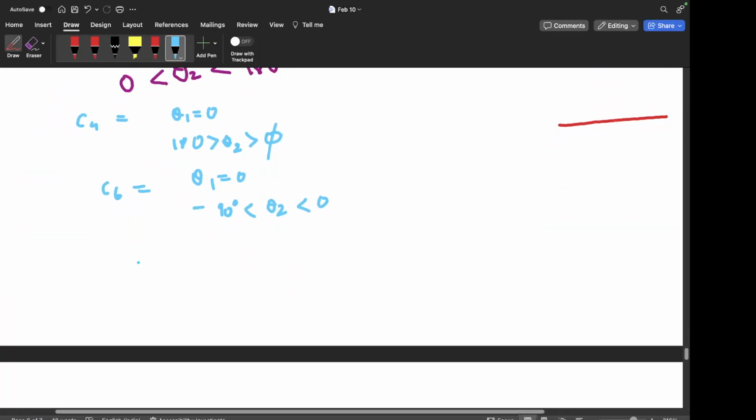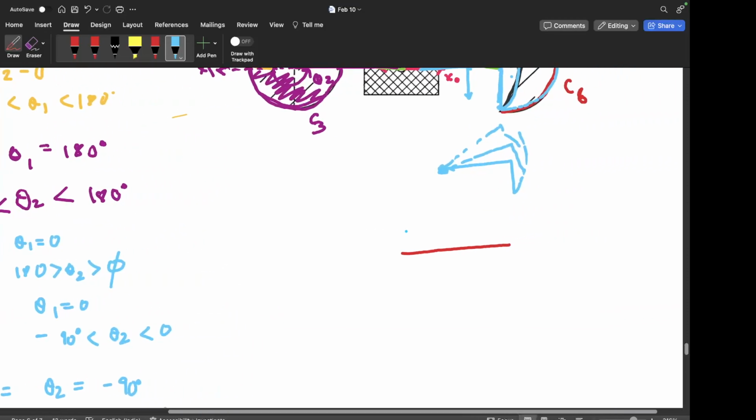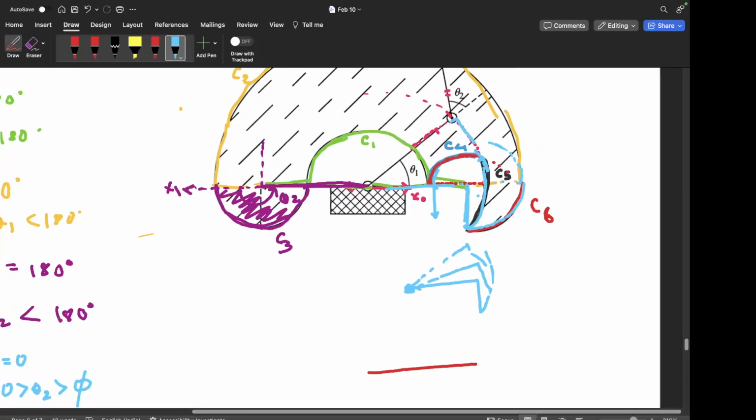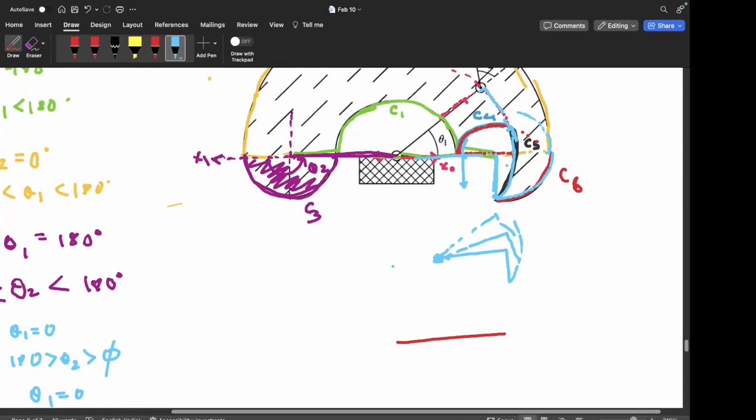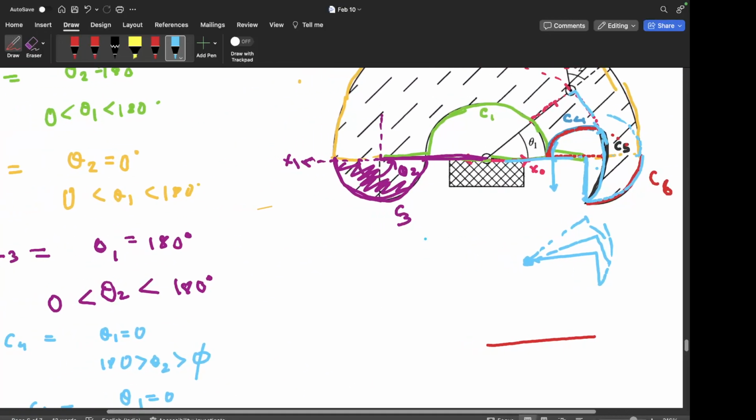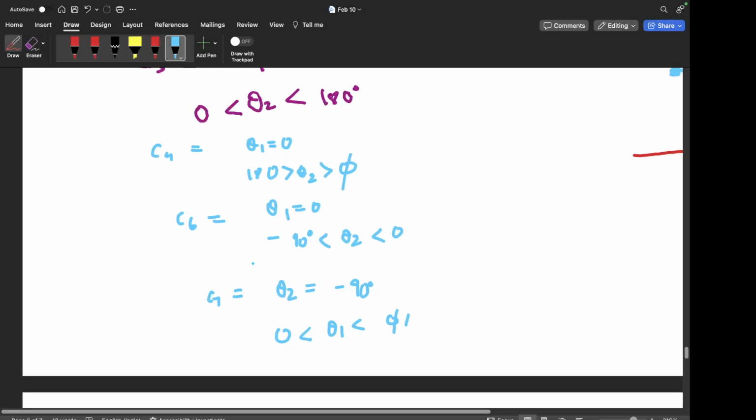That case is when theta 2 is fixed at minus 90, and theta 1 increases from 0 to some angle, right? So that traces the C5. Oh, I mentioned wrong. So C6, C4, this is C5, right?